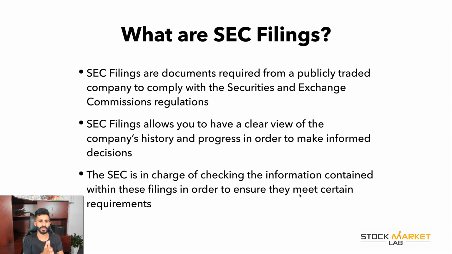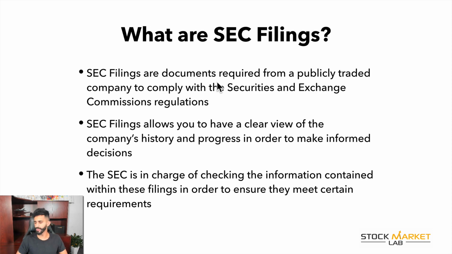Obviously, if a company lies on a report and they get caught, they're going to get fined by the SEC, or they're going to get in a lot of trouble. So the whole idea of the SEC is, once again, they're the cops of the stock market. They require certain filings from these major companies so we investors are safe and can have as much information as possible, right?